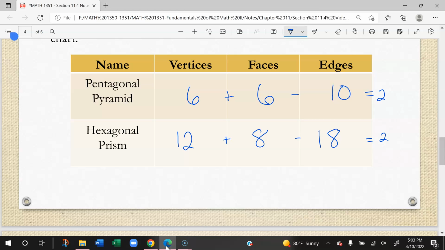So you'll notice that's a pattern that you can look at.